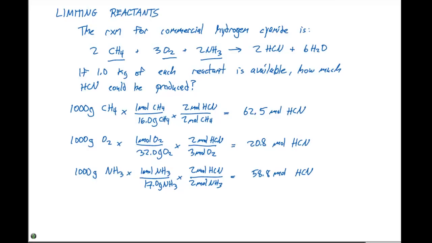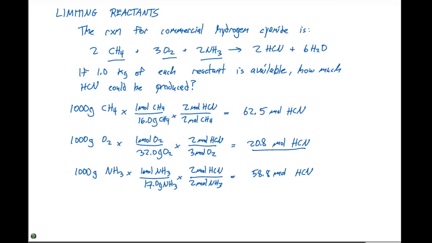So the smallest number of moles produced is going to be produced by consuming all of the O2, or the oxygen gas, because 20.8 moles of HCN is the smallest amount here listed.